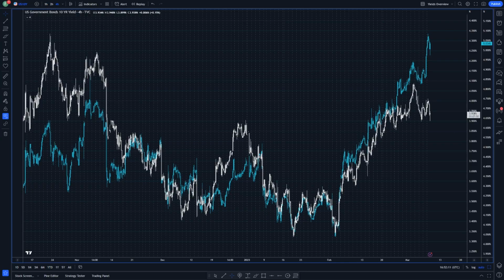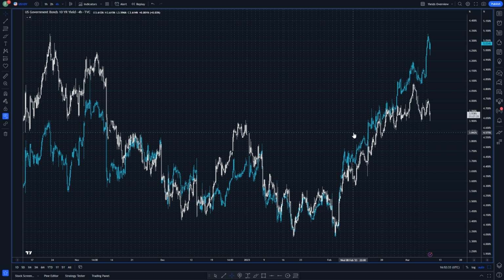Well, in my opinion, it's because the 2s are mostly driven by short-term interest rate expectations. So with the terminal rate expectations jumping to 5.6%, it naturally meant that the 2s would pop higher aggressively to follow the short-term interest rate expectations. But why did the 10-year go up only marginally and then pull back to almost unchanged?